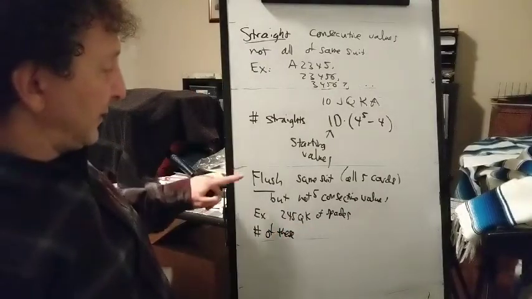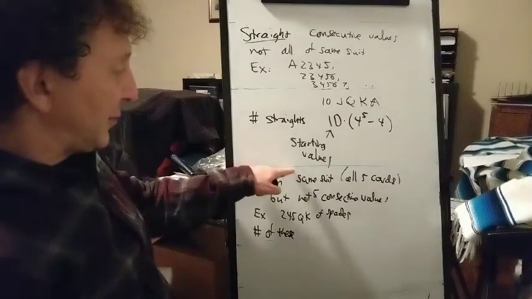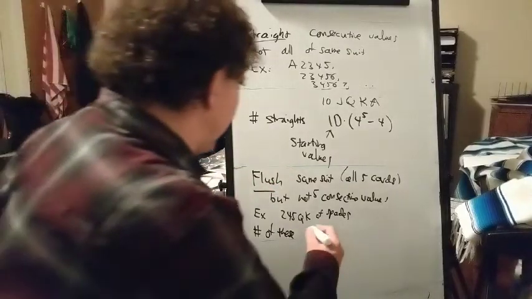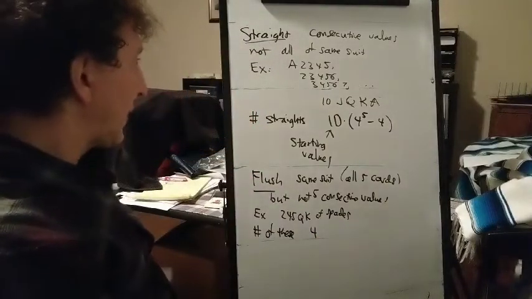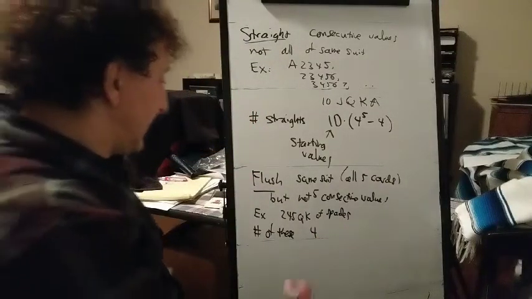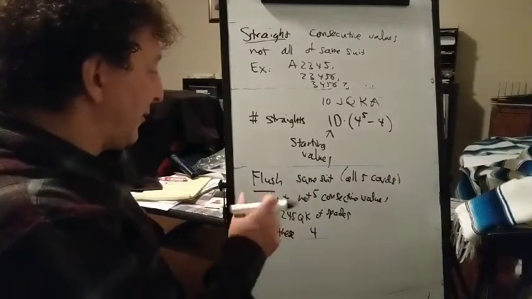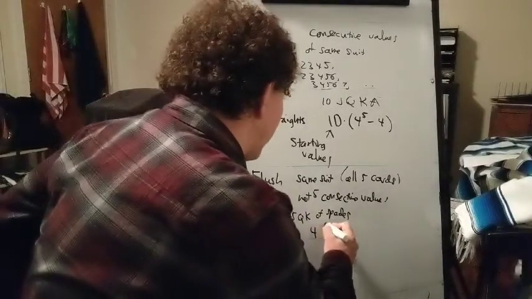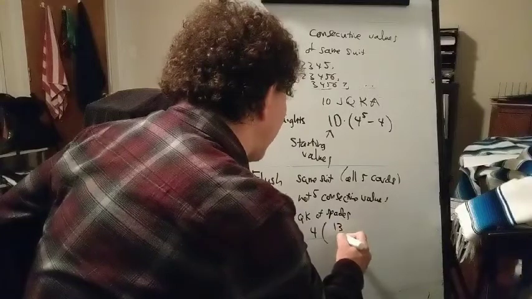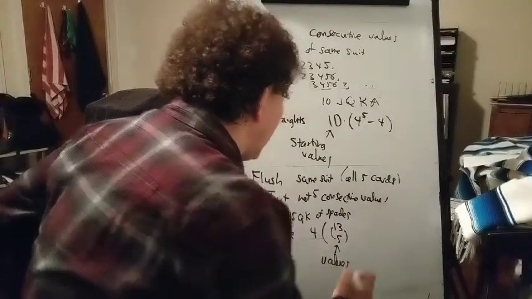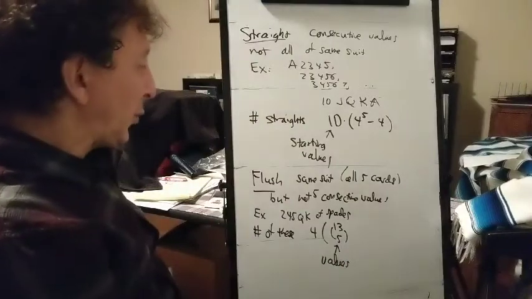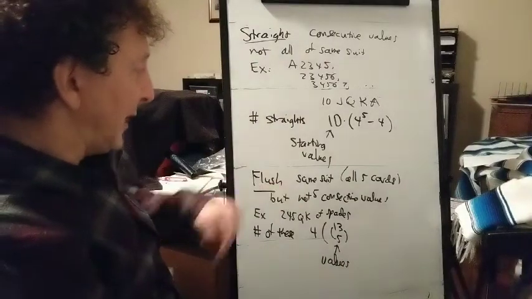So for the number of these, a flush is cards of the same suit. So there's 4 different suits that we have to choose from. And then we have 5 values to choose from. So 13 choose 5 values, except we don't want this to be 5 consecutive values.